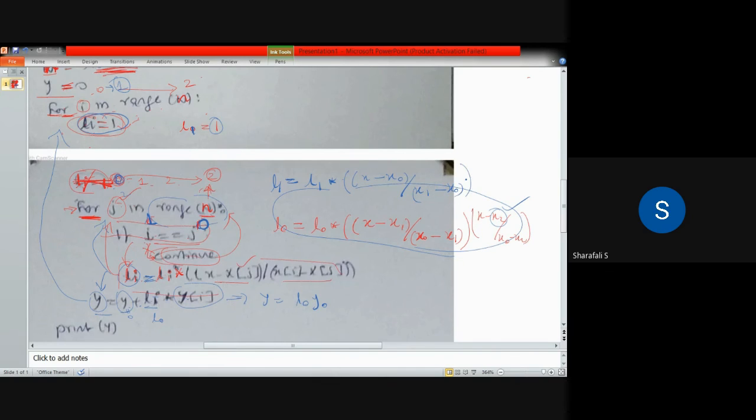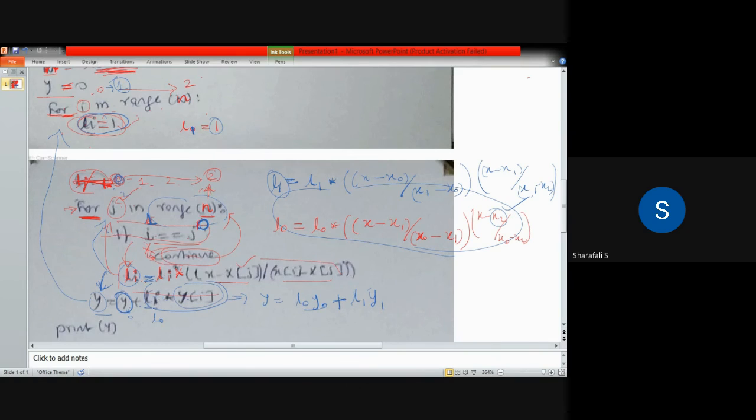Similarly, we will have the second term also multiplied, x minus x1 divided by x1 minus x2. So you got L1, then you go to the next step, where it will be added to L0, y0, because now your y is L0, y0.